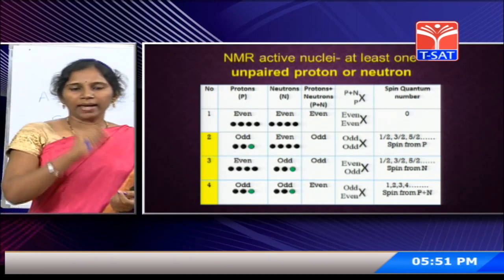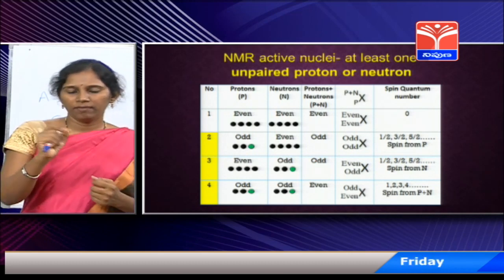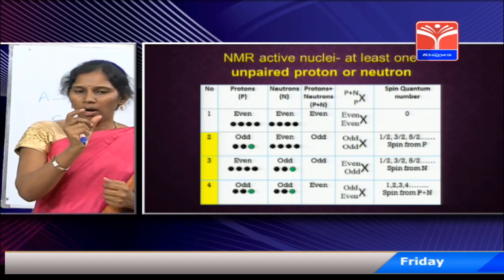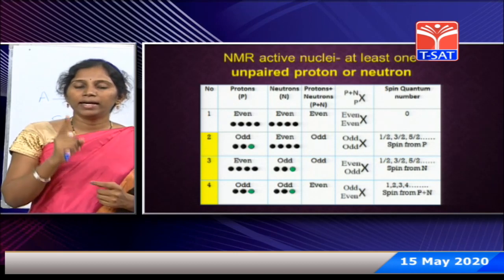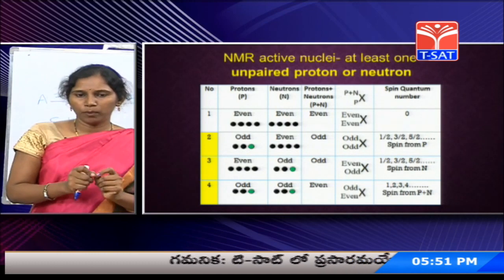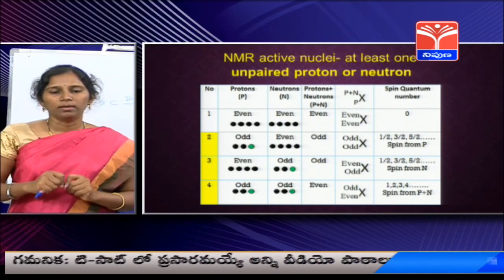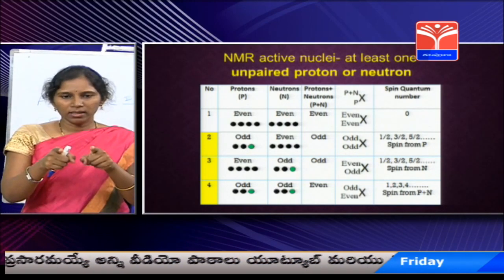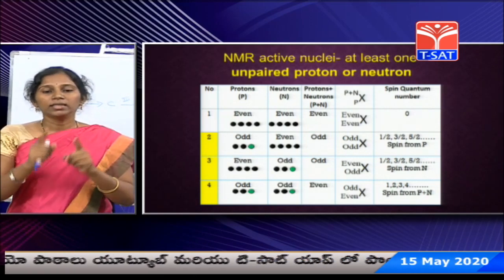If we take case 2, I have given an odd-even combination. In the odd number we get one unpaired proton here. Because of that one unpaired proton, we get a resultant spin. Here the proton is spinning, right? A proton spinning means charge in motion.